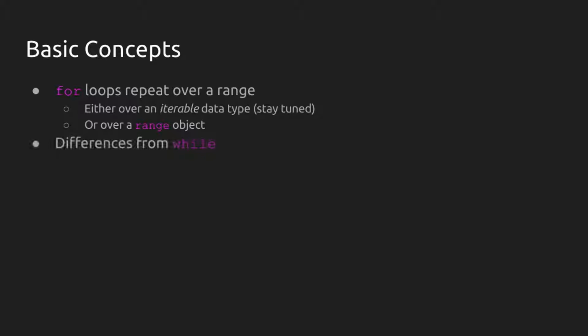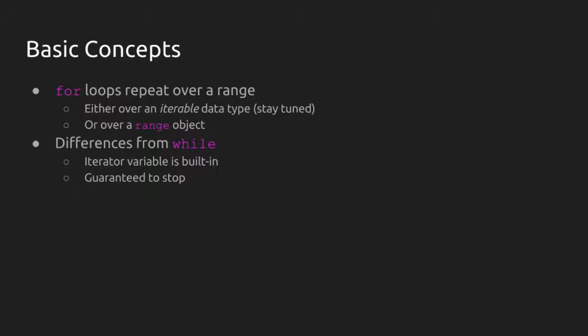The big difference from a while loop is that the iterator variable is built in. If you remember when we did our countdown with the while loop, we had to manually define the count and then set it equal to 10 and then modify it inside of the while loop. And there was a way that we could make a mistake and accidentally end up in an infinite loop. For loops don't have this problem.